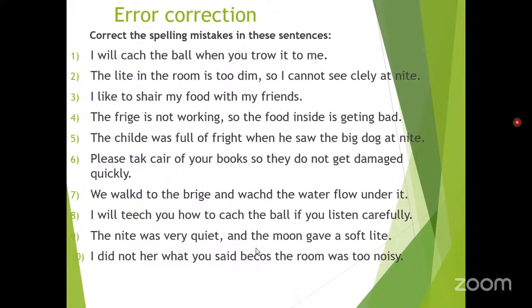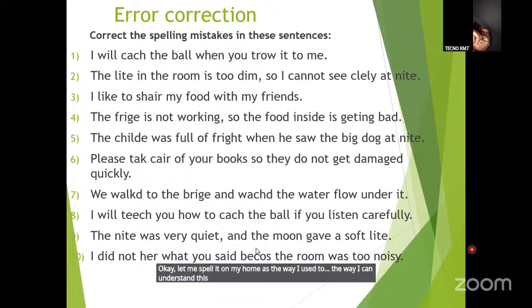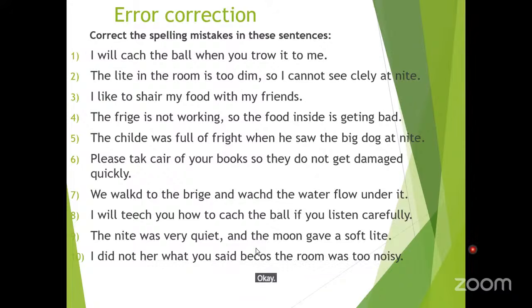Okay. Let me spell it on my own, the way I can understand it. G O V E R N O R. Governor.